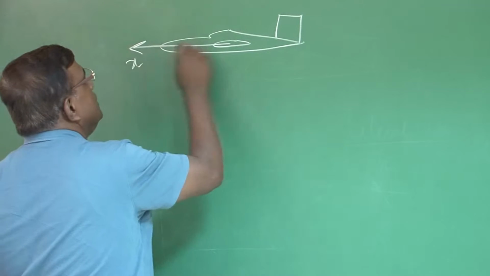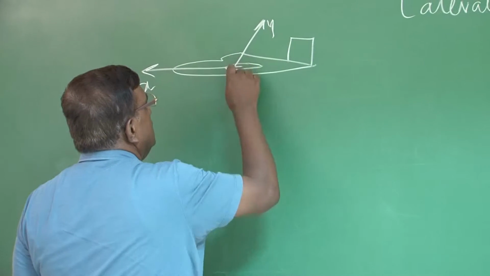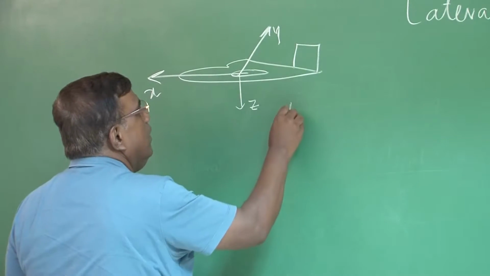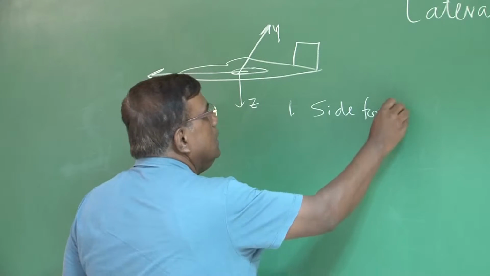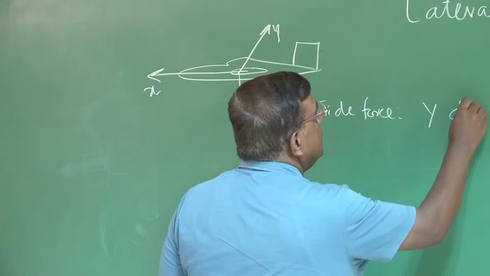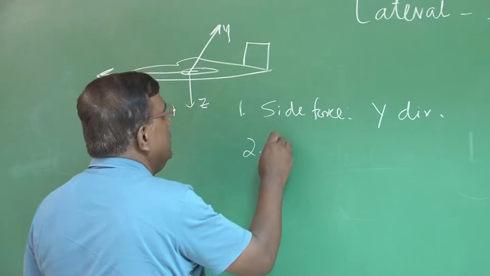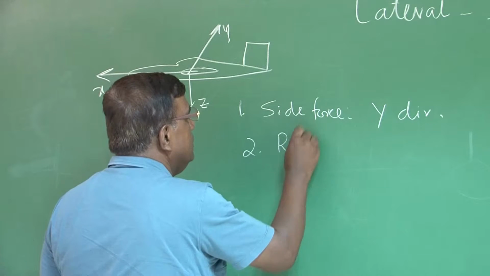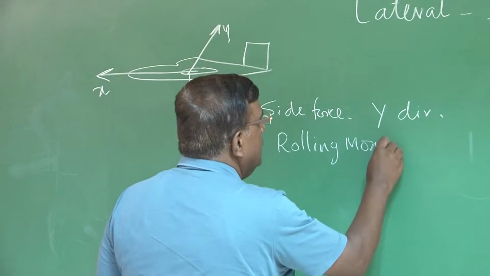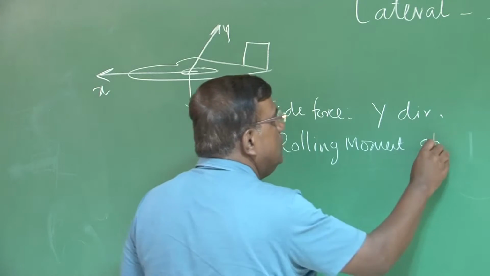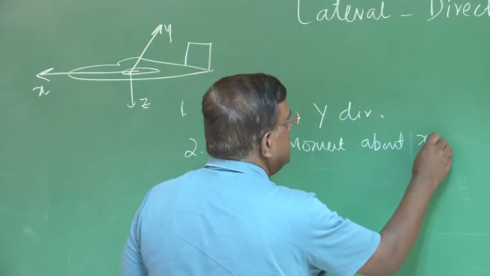If this is x, this is y, this is z. One will be side force, that is along y direction. Second will be rolling moment, that is about x axis.